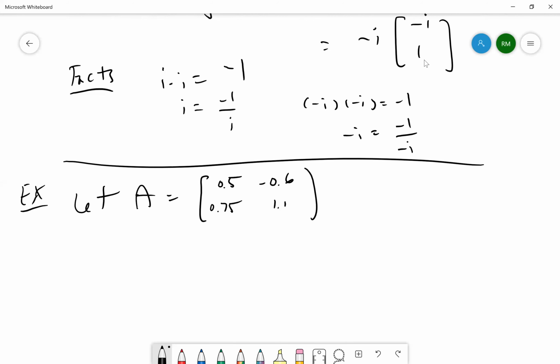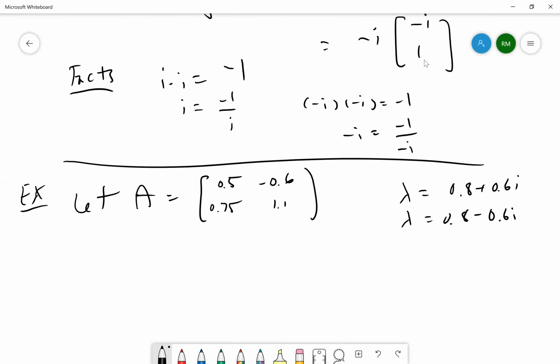So we know that for real eigenvectors and eigenvalues, the eigenvectors are scaled by A. But let's see what happens when we have complex eigenvalues. So here, the eigenvalues are 0.8 plus 0.6i and 0.8 minus 0.6i.